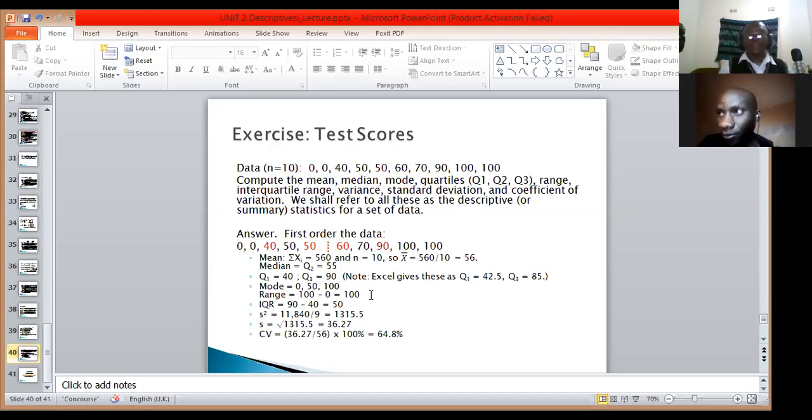Okay, let's find our interquartile range. We can calculate it if we calculate the upper quartile and the lower quartile. So let's go back and calculate the lower quartile. To calculate the lower quartile and the upper quartile, you break your data.